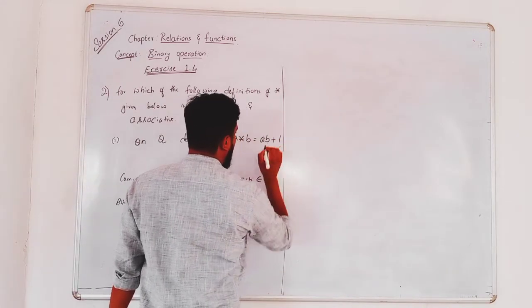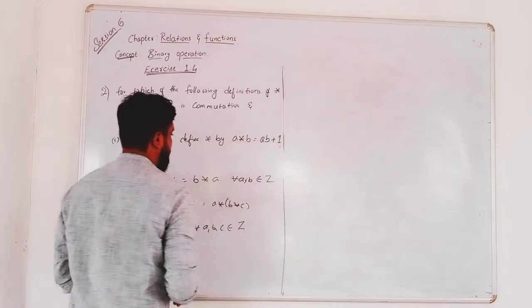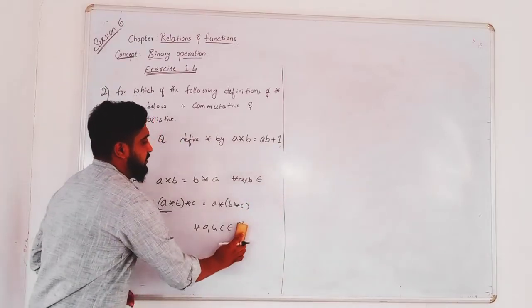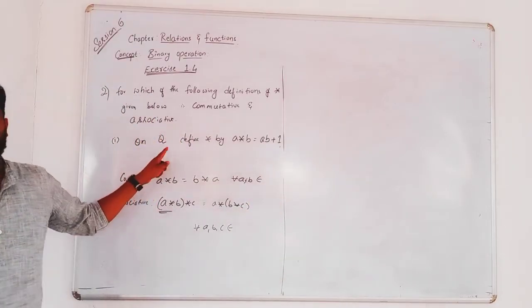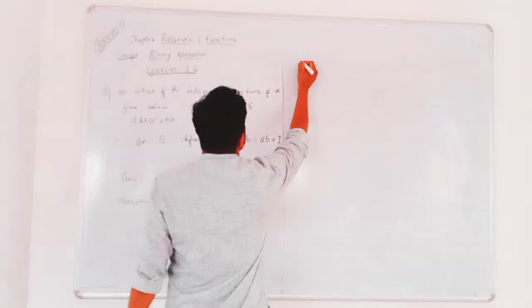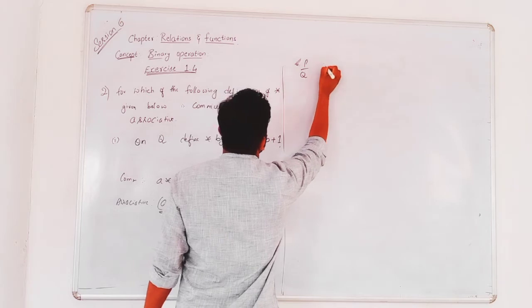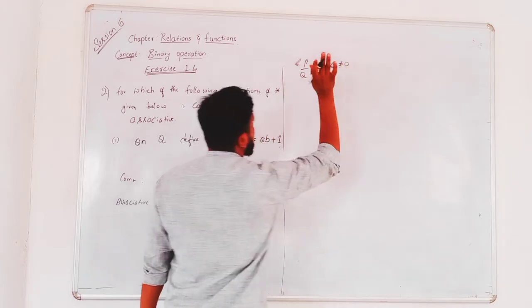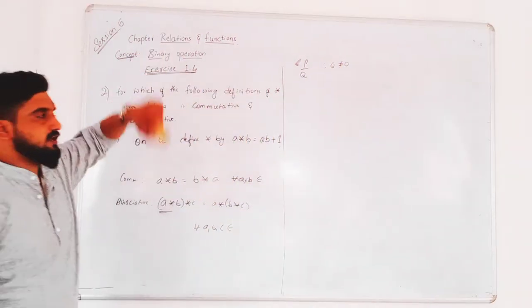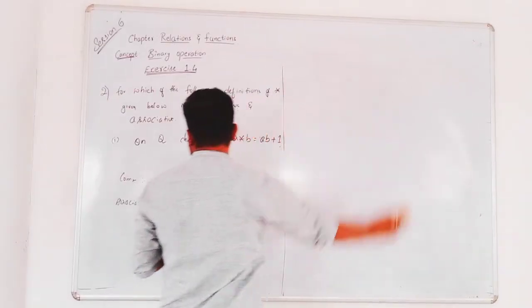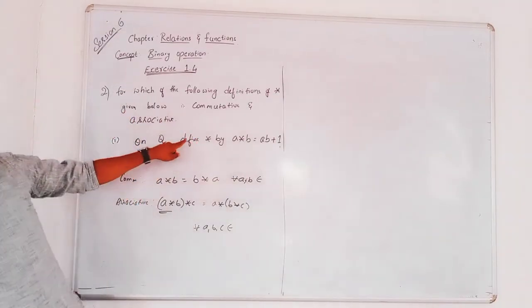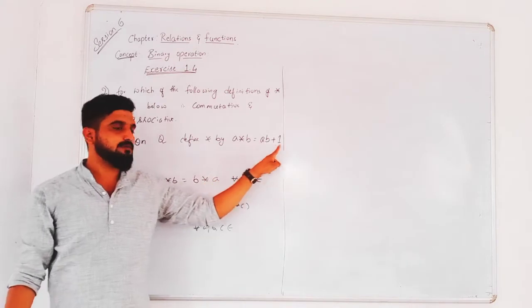So now the set is the set of all rationals. Set of all rationals means anything which is in the form of P by Q, where Q is not equal to 0, is called a rational number. So on the set of rational numbers, star is defined by A star B is equal to AB plus 1.